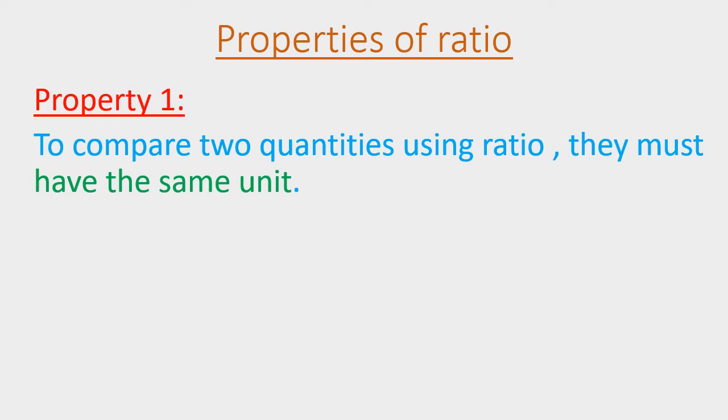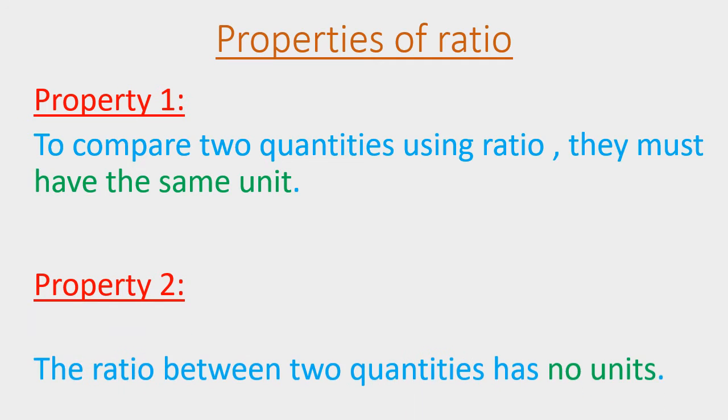That means if we have two quantities, kilogram and gram, to compare them, they must be in the same unit. We have to convert from kilograms to grams or from grams to kilograms.